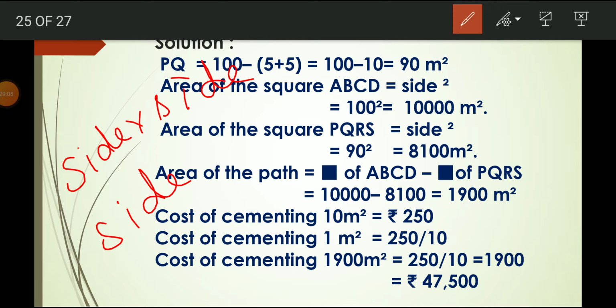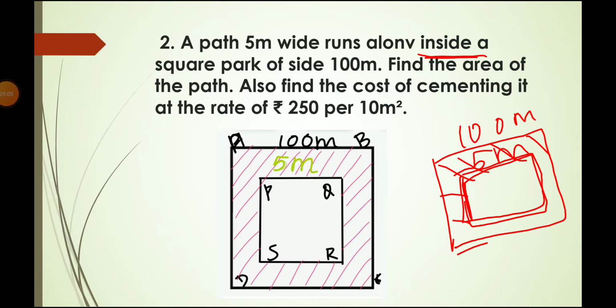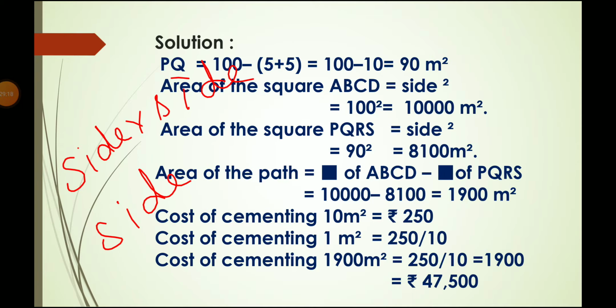Also we should find out the cost of cementing it at the rate of rupees 250 per 10 meter square. The cost of cementing 10 meter square is rupees 250.